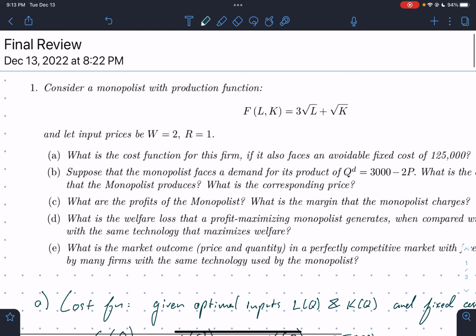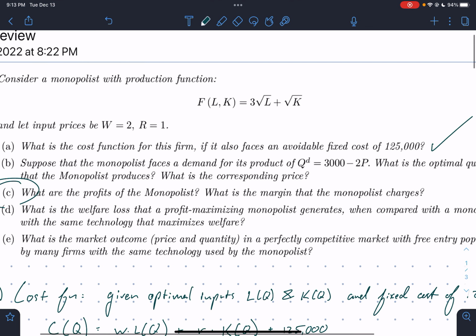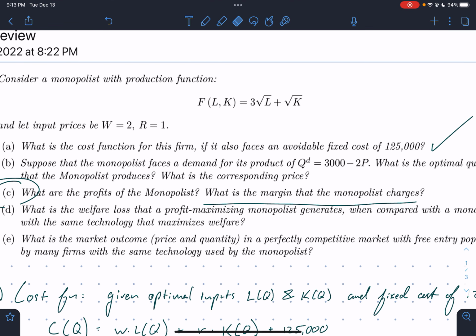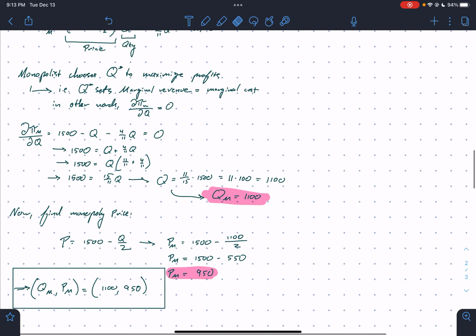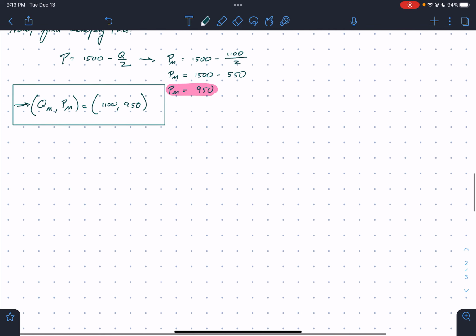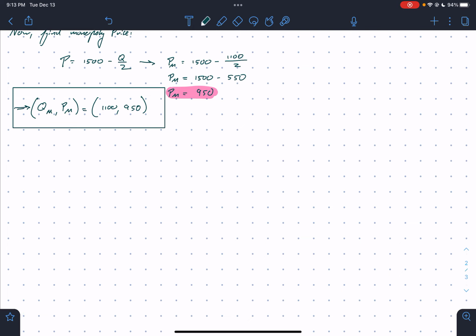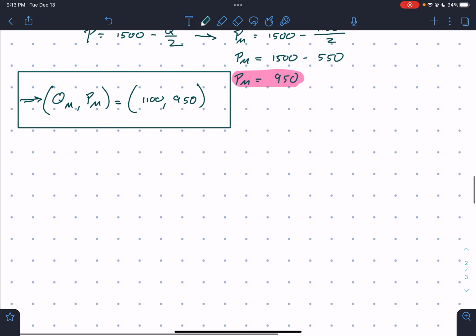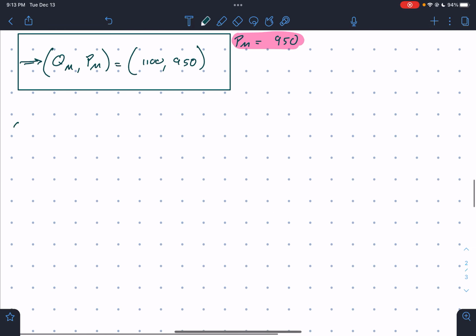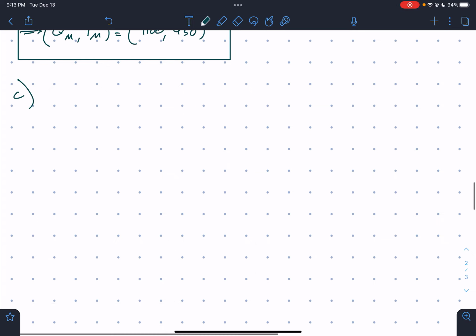Now, we're going to find the profits for the monopolist and the margin that the monopolist charges. So here, we're going to find two things. First, we're going to find profit.